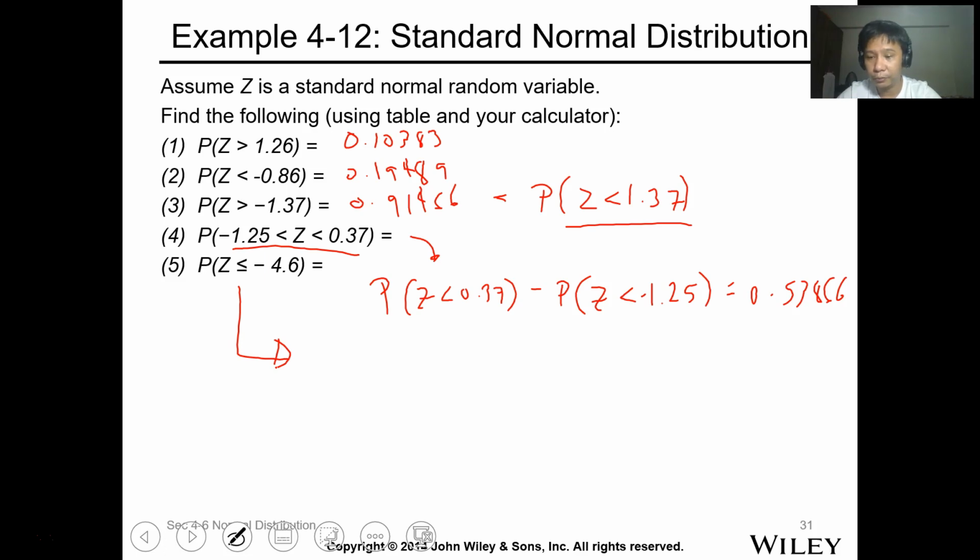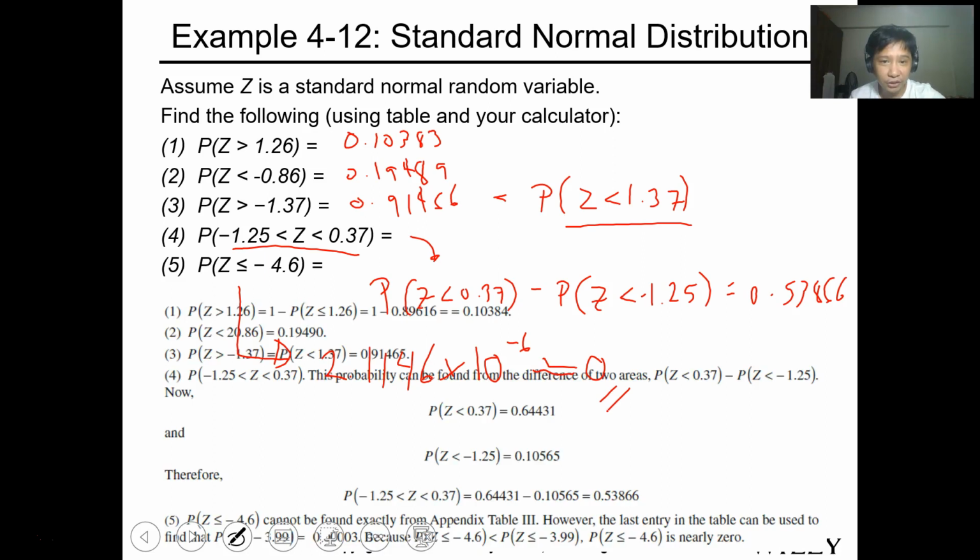Okay? And lastly, ito, sagot niya ay probability ng Z less than negative 4.6. Okay, so this is 2.1146 times 10 to the negative 6, or approximately 0 yung probability.